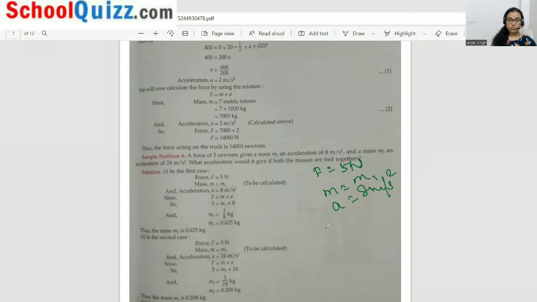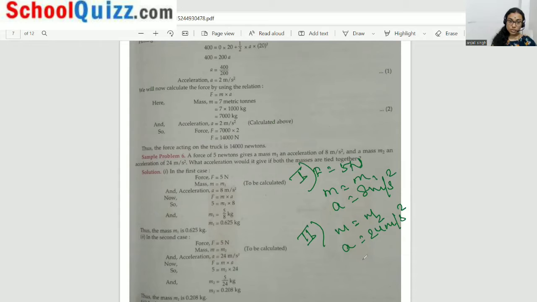And the mass m2 for the second, and acceleration is 24 meter per second square. What acceleration would it give if both the masses are tied together?